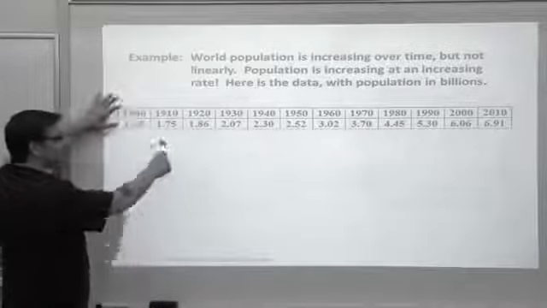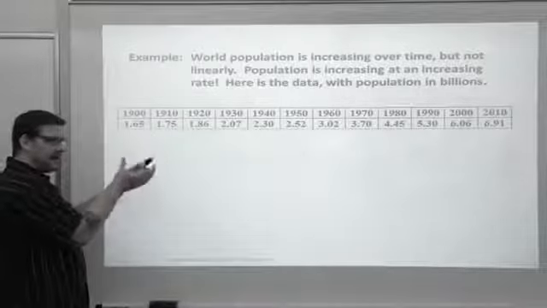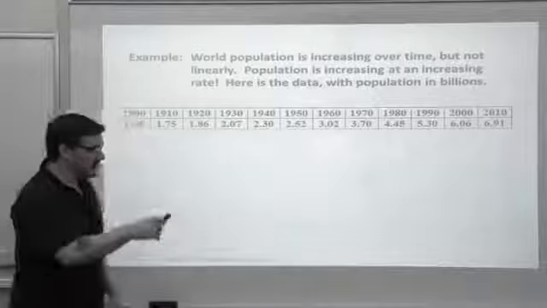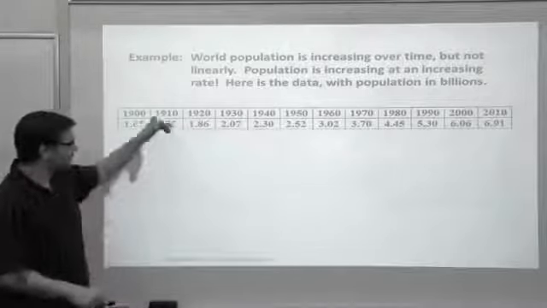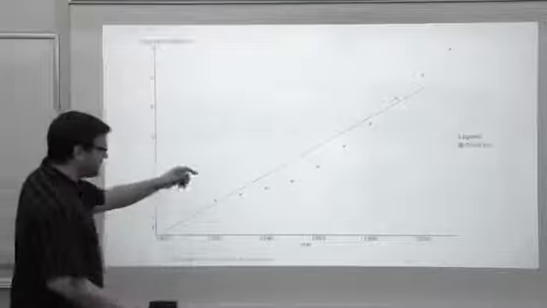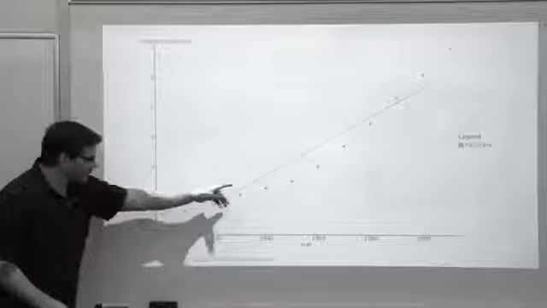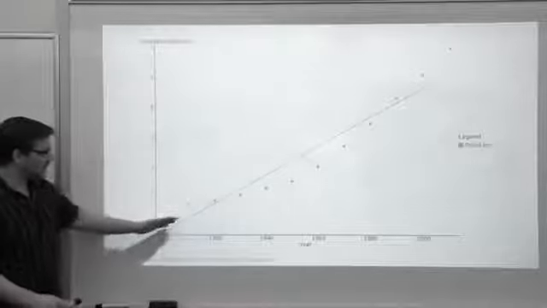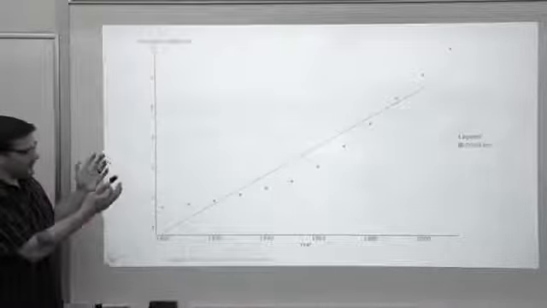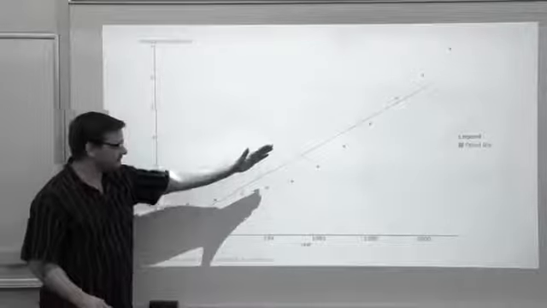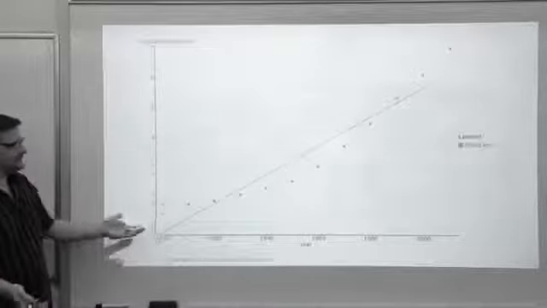Population's increasing, but it's increasing at an increasing rate. So it's speeding up. As we move forward in time, the population is increasing at an increasing rate. There's a graph here if I flip the slide. You've got it in your notes in case this isn't showing up on the video. I did put the straight line in here to show you, does the straight line capture what's happening?